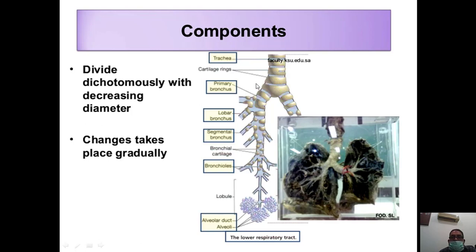So this histology will be discussed according to the region, according to the parts of the components of the respiratory system, starting from the nasal cavity up to the last, that is the alveoli. We will discuss one by one, along with the changes in the histological pattern in the respiratory system.